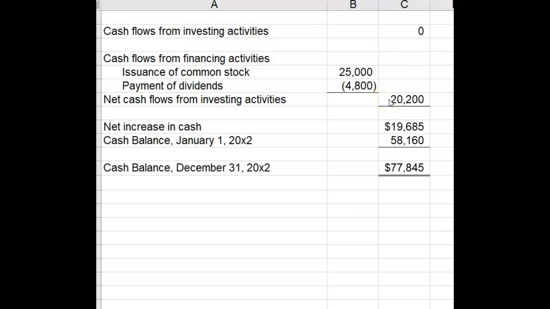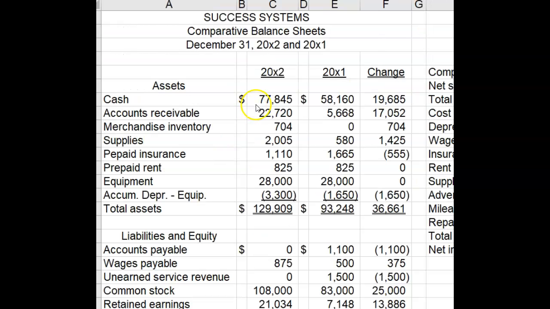There might be some errors, but no really major ones probably. But if it's not the same cash balance, then there are definitely errors in our statement of cash flow, which will have to be fixed. So let's check and see if our ending cash balance on the balance sheet was $77,845. Yep, the ending cash balance on the balance sheet was $77,845. So I feel pretty comfortable about our statement of cash flows.